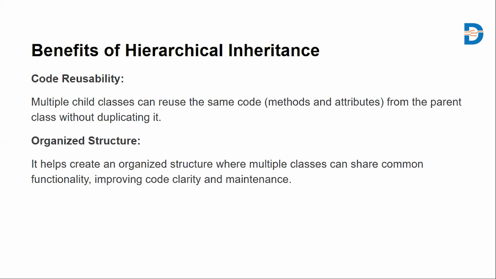Then you have an organized structure. Hierarchical inheritance creates a cleaner and more organized structure. It's easy to see the relationship between parent and child classes, and the shared functionality is centralized in one place.